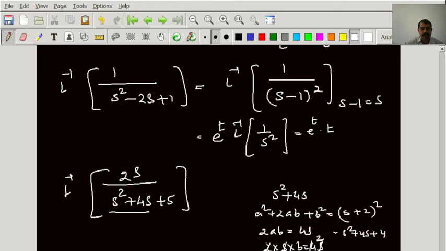But here s square plus 4s plus 5 is there, so we must split this as 4 plus 1: s square plus 4s plus 4 plus 1. We can write this as 2s divided by (s plus 2) whole square plus 1. This is the first step we must check.